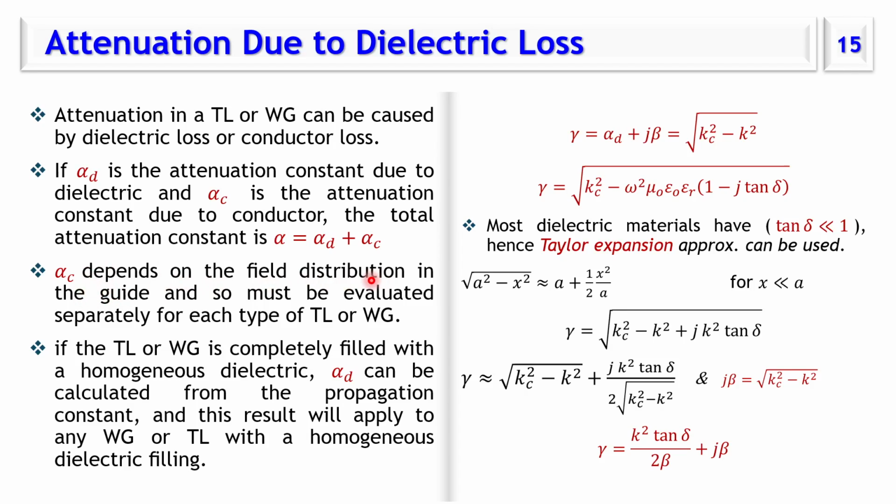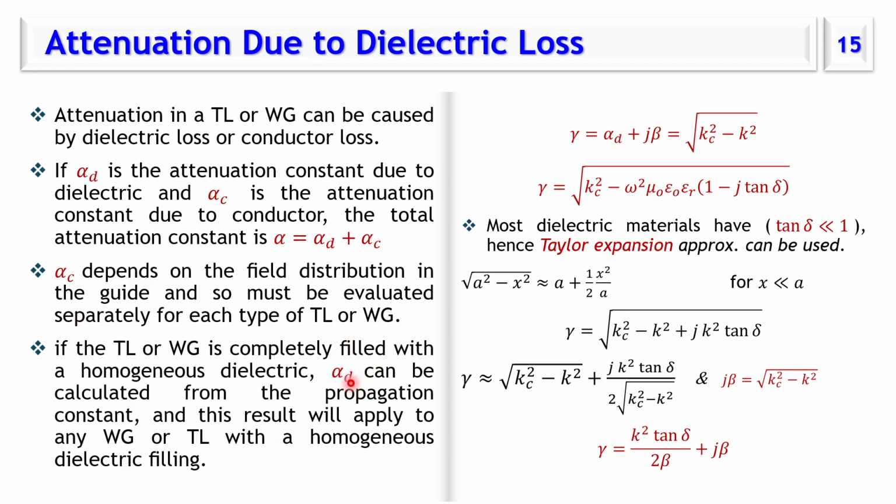Alpha C depends on the field distribution inside the waveguide and must be evaluated separately for each type of waveguide. From one waveguide to the other, we need to calculate alpha C, and we'll have one homework problem on this.